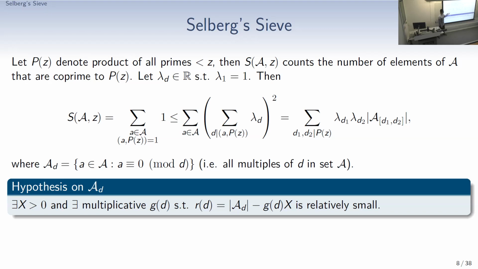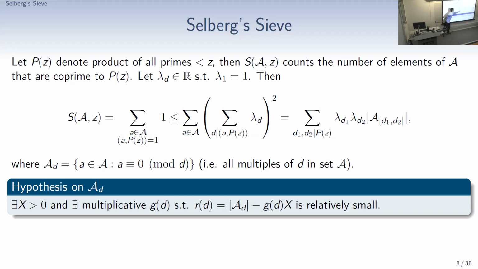And so Selberg constructed a sequence of real numbers, which satisfies that when d equals 1, the sequence equals 1. So if we look at this square term, when a and capital P are coprime, this is going to be 1. And this vertical line denotes the symbol that d divides some number.